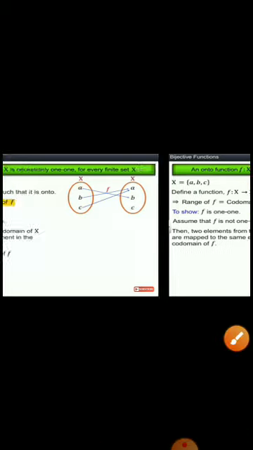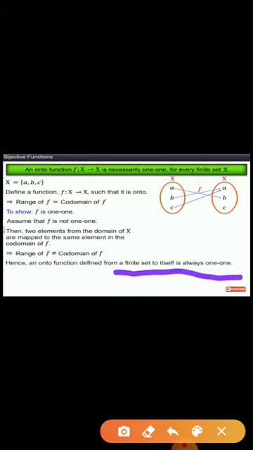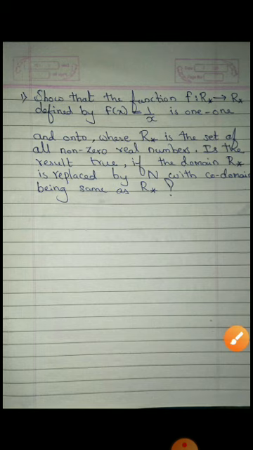No. My range of f and codomain are not the same. So this function won't be onto. But will it contradict our given thing that it was an onto function? And hence we can say that an onto function defined from a finite set to itself is always what? 1-1. Okay.